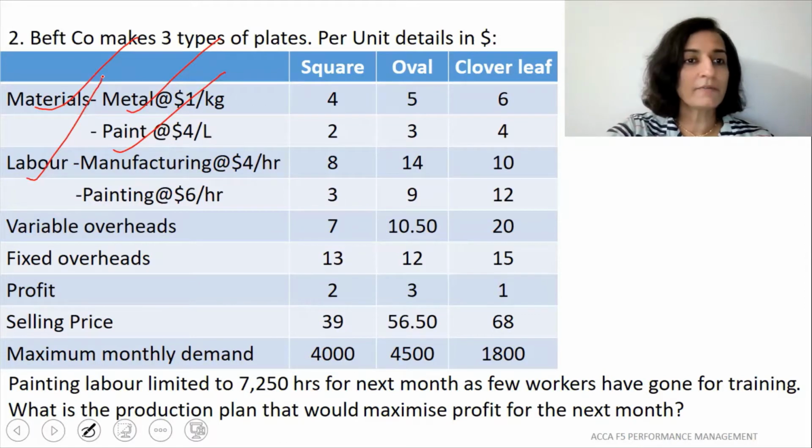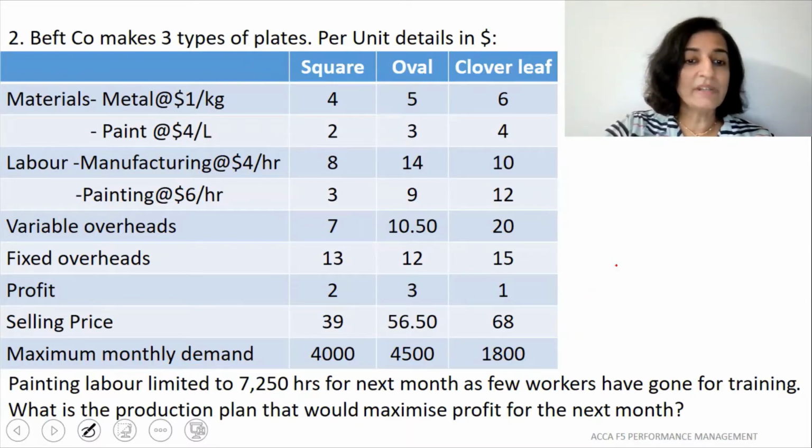The labor cost for manufacturing the plates and also for painting the plates are separately given. Next comes the variable overheads. Then there are fixed overheads. Then you have the profit, and the expenses together with the profit add up to get the selling price. And the maximum monthly demand of all the 3 products is also given.